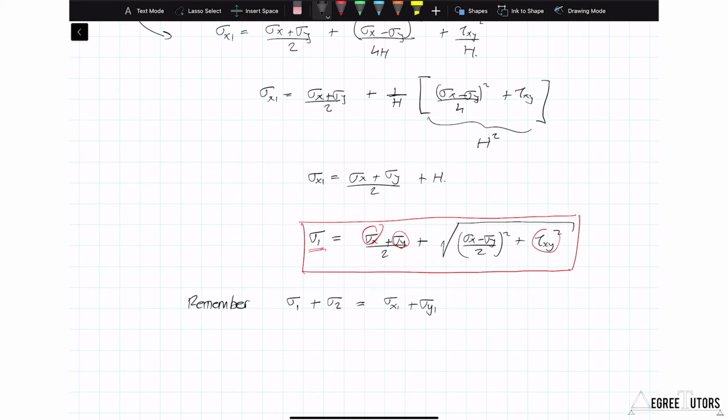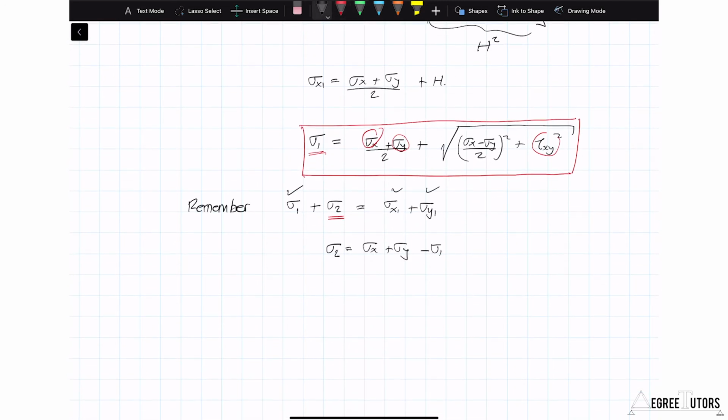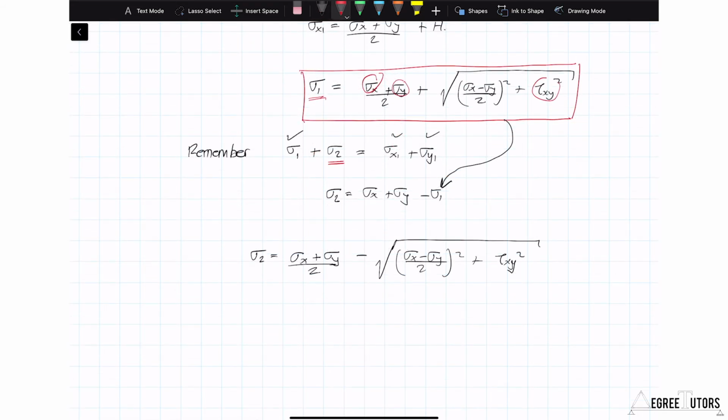We'll assume we know this guy, we know this guy. If we know those two and the corresponding shear stress, we can work out this guy. And so we can rearrange to find sigma 2. And then you just plug this expression in for this, and what do you end up with? You end up with sigma 2, the minimum value of normal stress, the minimum principal stress, is this. So that's our minimum principal stress.